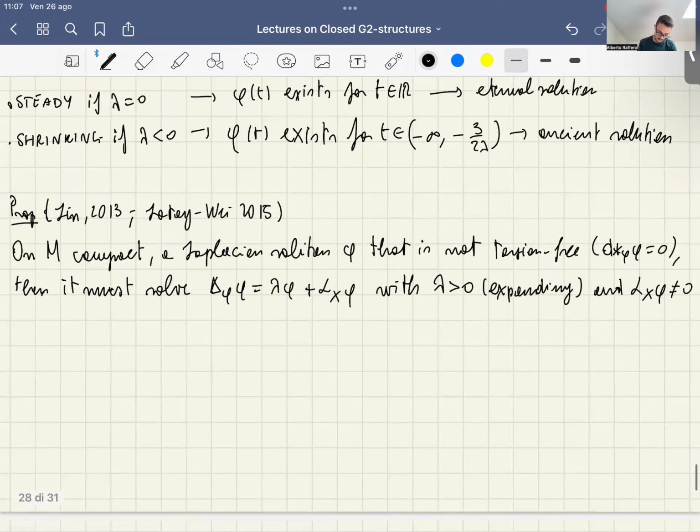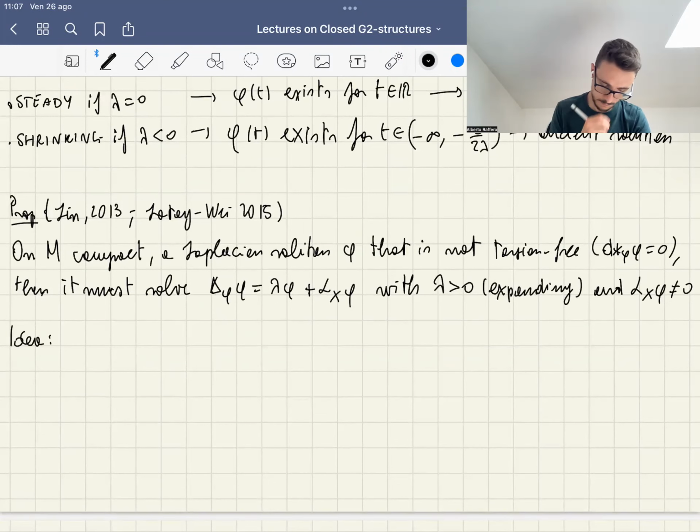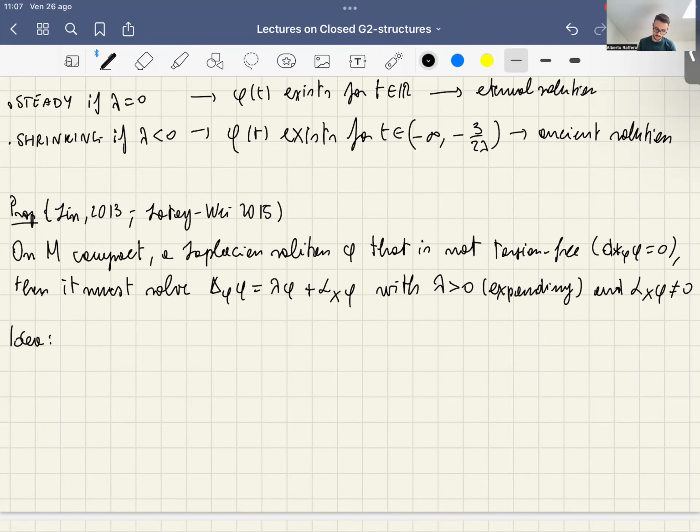And the idea here is the following. As I said before, the volume of the compact manifold must increase along the flow. And so in particular, on M compact, we have that the volume of the solution, where now this vol is the total volume of the compact manifold, is monotonically increasing along the flow.